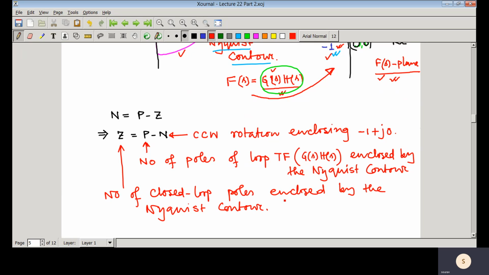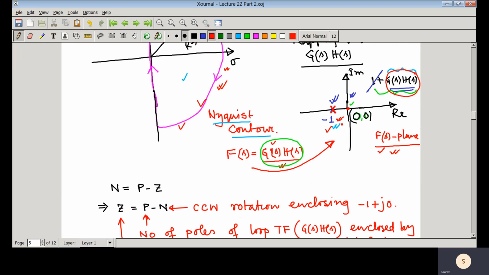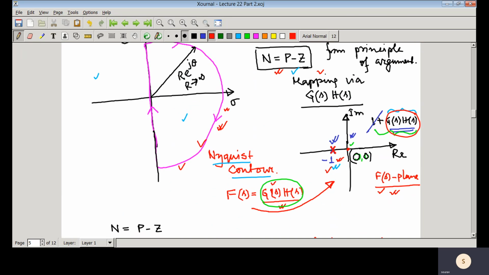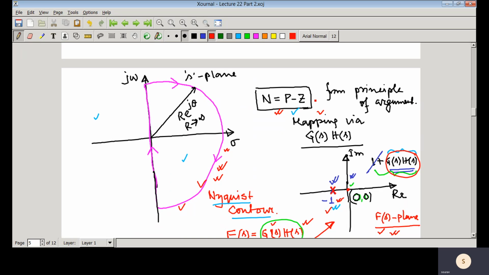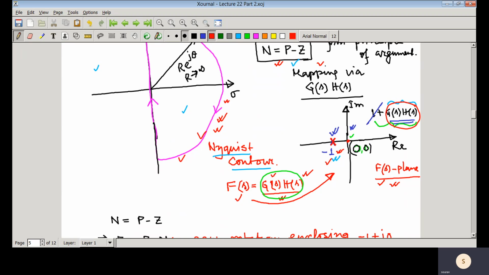This would be clear because in the principle of argument we have seen that whenever we are mapping a function, this contour is mapped from the S plane to the GH plane, and Z is actually the zeros of this particular function.